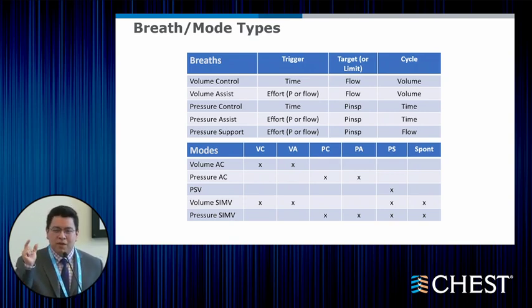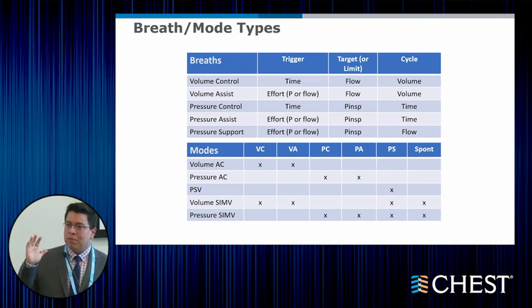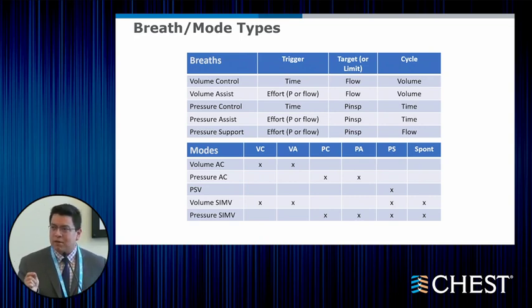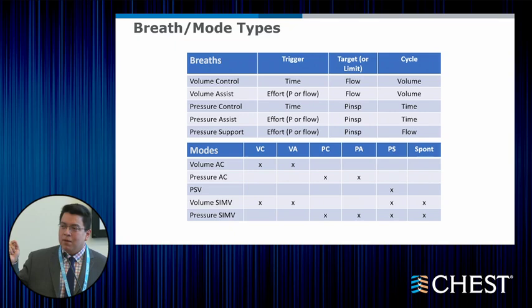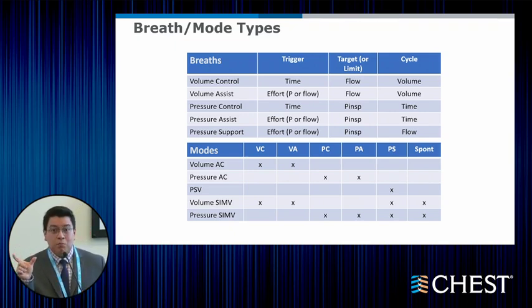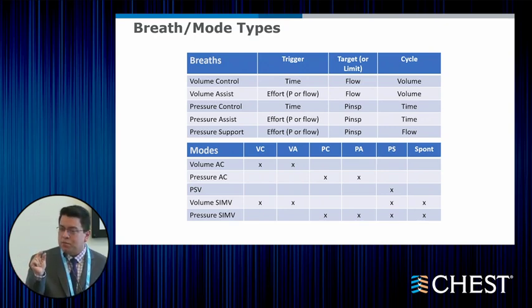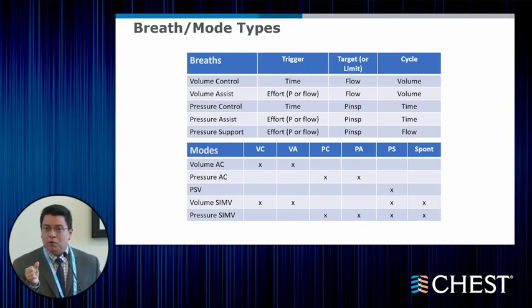If you think about it, the inspiratory time in volume control is basically dictated by the size of the tidal volume and the peak flow that we set on the ventilator. So a larger tidal volume and a slower peak flow is going to result in a prolonged inspiratory time. If I have smaller tidal volumes and very fast peak flows, the time of inspiration is going to be shorter.